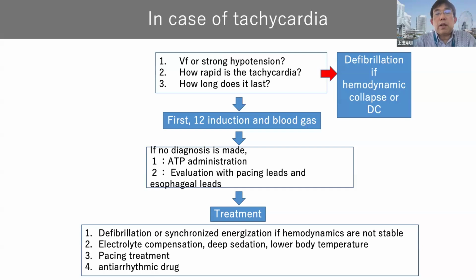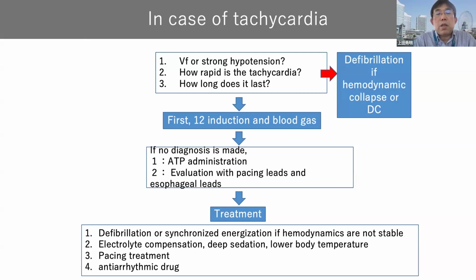So in case of tachycardia, we have to think about such mechanisms. If VF or strong hypotension appears, how rapid is the tachycardia, how prolonged is it, and how long does it last? Then we should differentiate whether there is hemodynamic collapse or not.